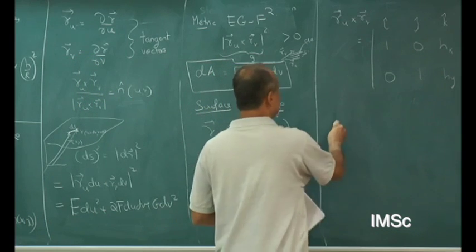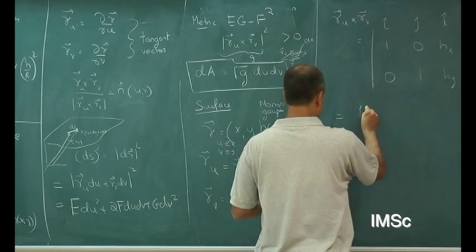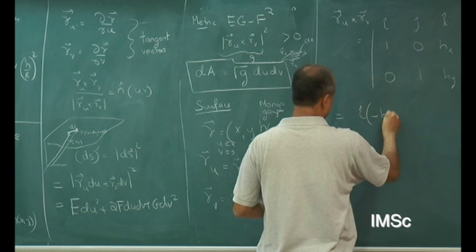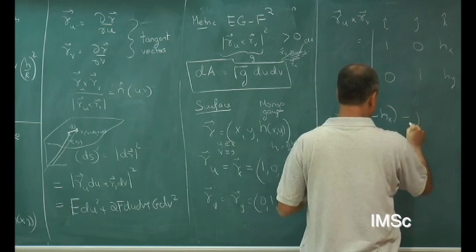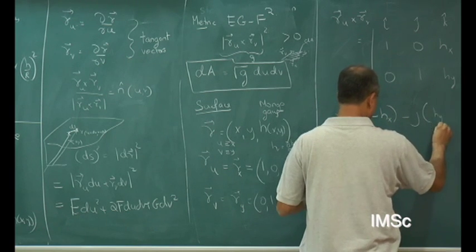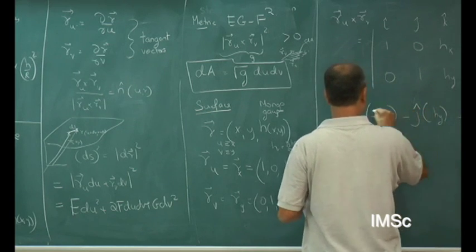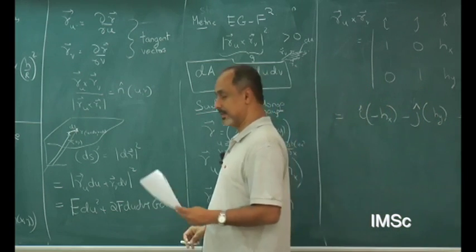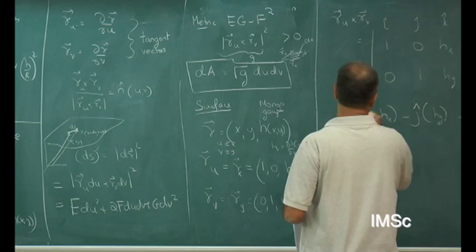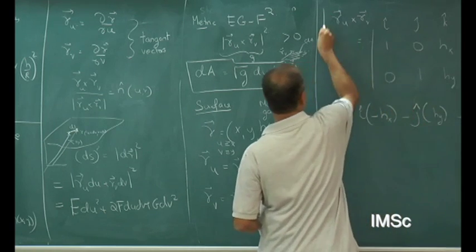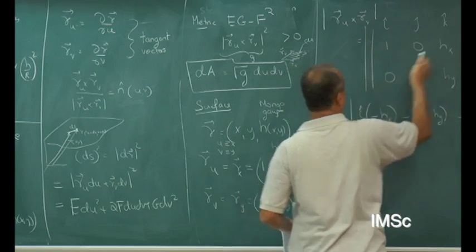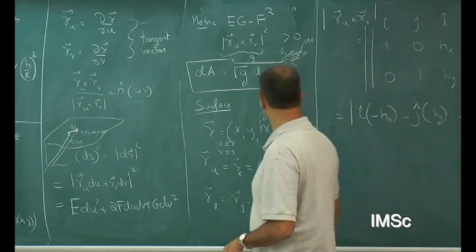So this becomes, first of all, i times minus h sub x minus j times h sub y plus k. These are all unit vectors. And this I need to take the modulus of. So mod of Ru cross Rv is just mod of this particular quantity that I have here.